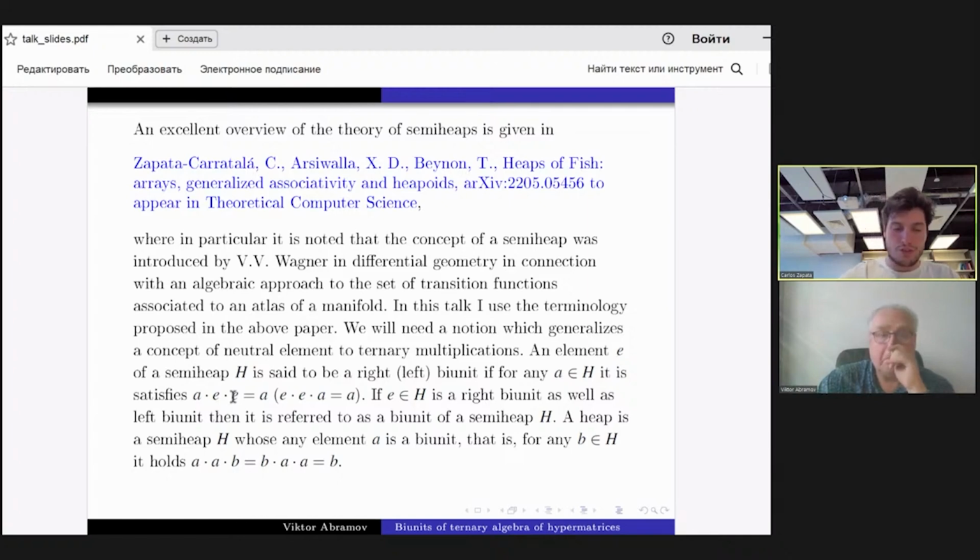You will see I did this with my colleague Bernard Rimolovic. He's now at Heriot-Watt in Edinburgh, and I was at the University of Edinburgh at the time, so we made a little collaboration about semi-heaps. You will see that the biunit pair is a supernatural concept. It is very self-selected.